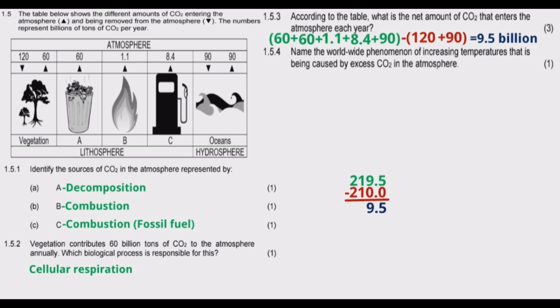So the correct answer is 9.5 billion, and this is how you do the calculation, just like I've demonstrated. We come to question 1.5.4. Name the worldwide phenomenon of increasing temperature that is being caused by excess carbon dioxide in the atmosphere. I said already the answer is global warming. The correct answer is global warming.